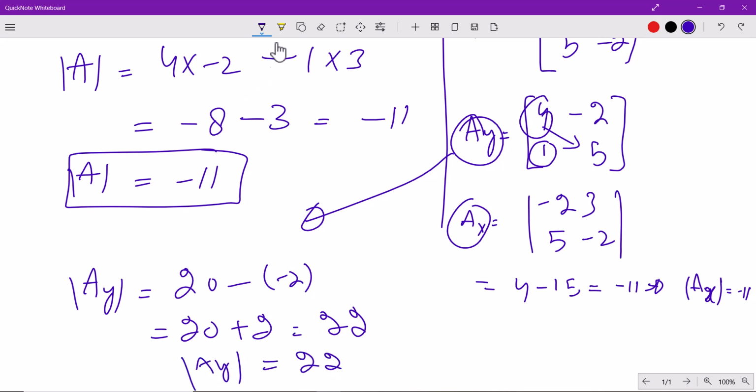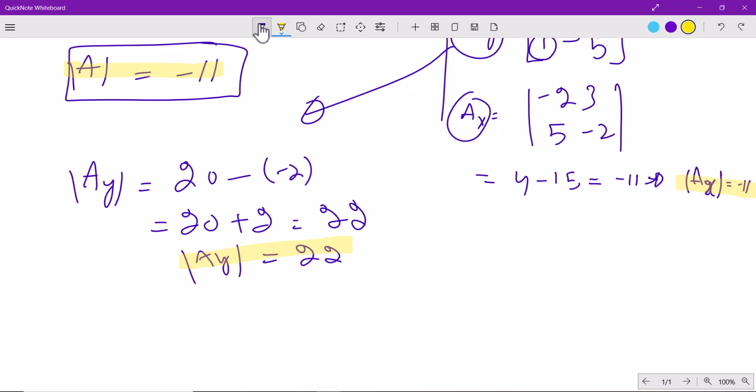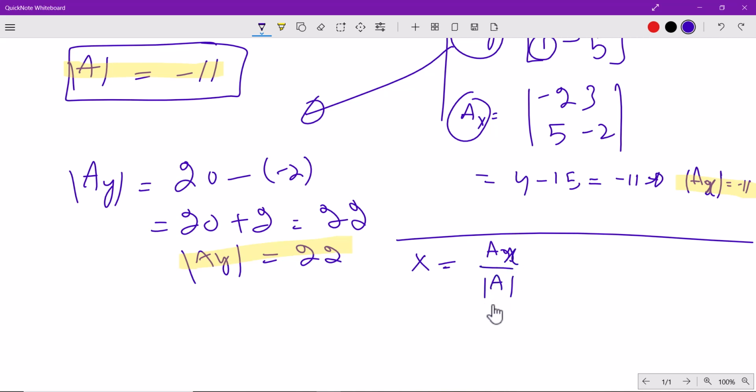So we have the A determinant value, the Ax determinant value, and the Ay determinant value. Now find the x and y values. x is equal to the determinant of Ax divided by the determinant of A. The Ax value is minus 11 and determinant of A is minus 11, which is equal to 1.